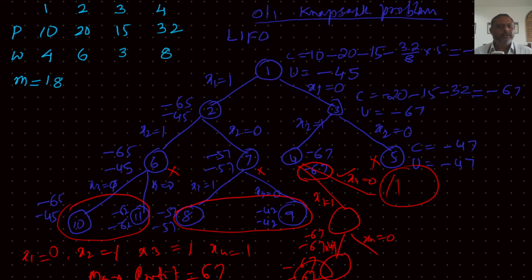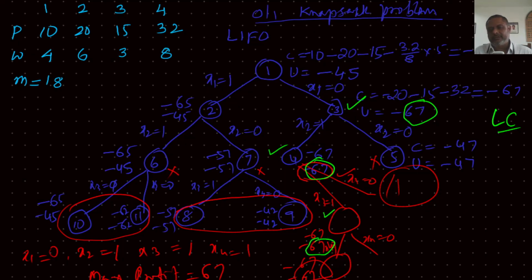Other way, if you just look for a least cost method, then this is minus 45, this is minus 67, therefore this is least cost. So we continue with this, then we get two things. So we get minus 67, minus 47. So this is least. So we continue with this, and then when you look at it, we get minus 67.